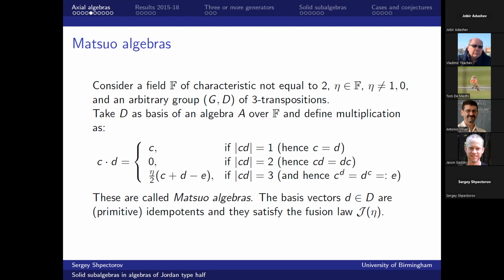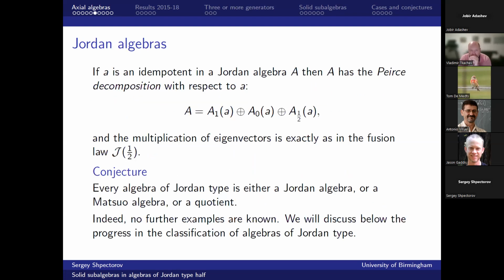Okay, so this exists for all values of eta, and so this can be viewed as a generic example of algebras of Jordan type. And of course, we must also have Jordan algebras, but they only appear for eta equal to a half. And the fact that they are algebras of Jordan type is expressed in this Peirce decomposition.